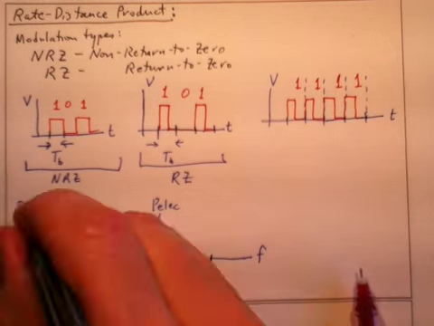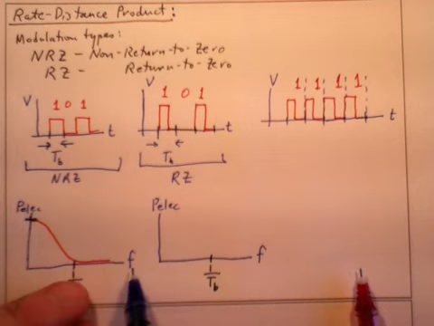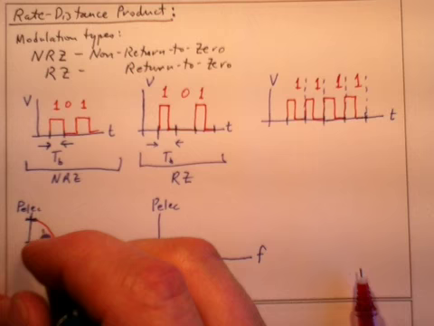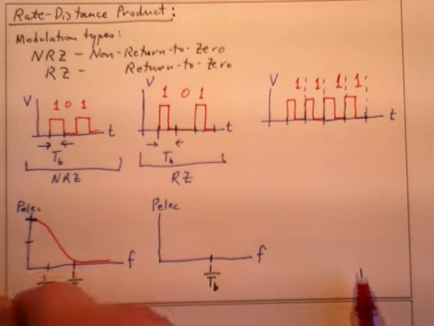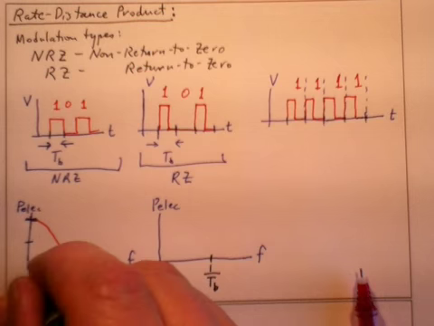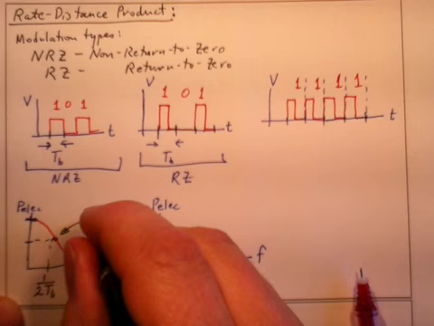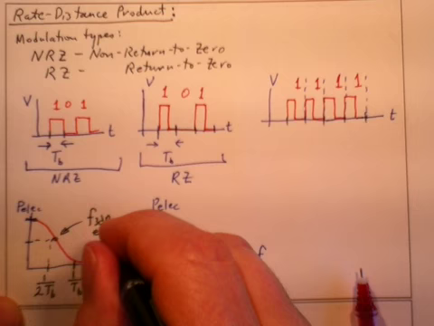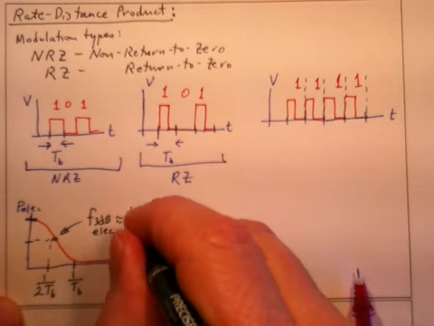When our electrical power goes down as a function of frequency, this is that Gaussian that I drew before. And so at the halfway mark, more or less, I can write 1 over 2 TB, more or less writing F3 dB electrical is 1 over 2 T bit.